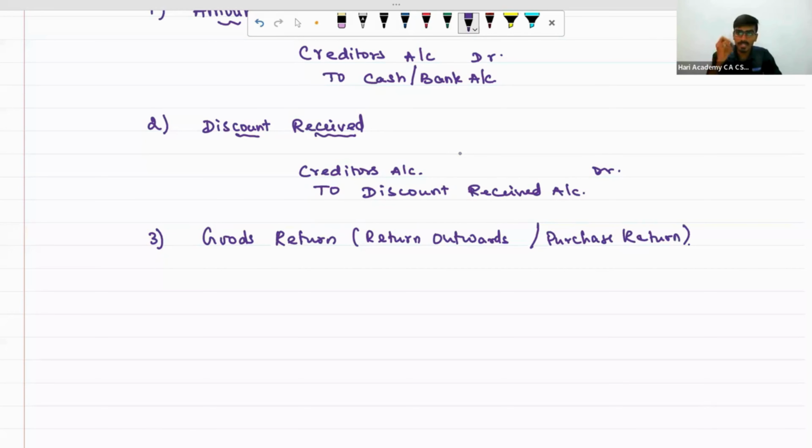Instead of crediting purchases, from an accountability perspective, I will create a separate account called purchase return account. These are the goods returned, this is the damages claim, this is the amount, this is the value. Like this, I will provide it in my notebooks. That is creditors to purchase return or return outward.